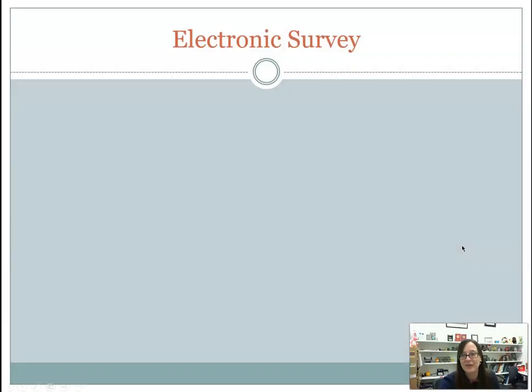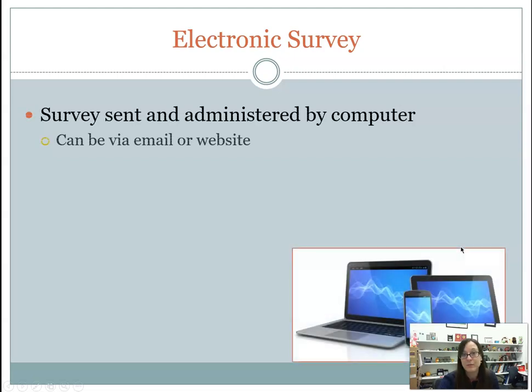And then the last type of survey is the electronic survey. This is what probably most of you have done more often than any of these other types of surveys. That's where the survey is sent by the computer and it's administered by the computer. So it can be sent through your email, there can be a website or a link that you're given, or anything like that.